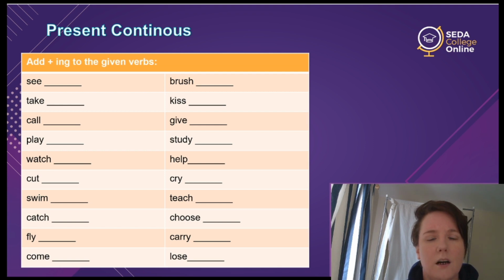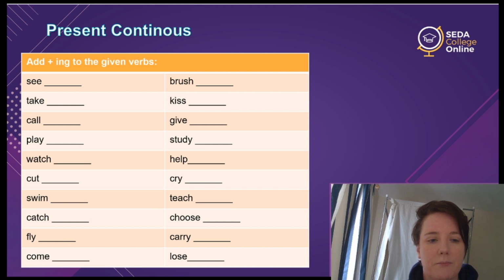I want you to add the correct ending to this. Take, think about this one. What do we do when there's an E at the end of a verb? Call, play, watch, cut, swim. Look at swim, there's a vowel at the end, so look at that one when you're doing it.